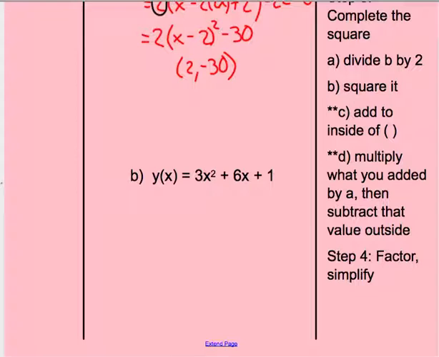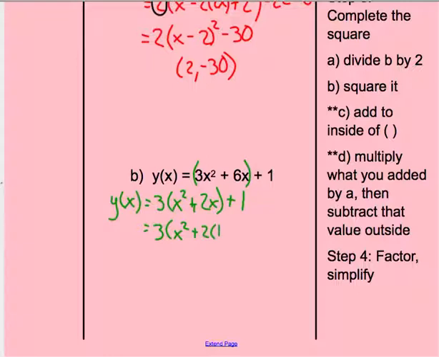All right, let's take a look at another example. Same thing, isolate those two terms with an x, and then factor out the lead coefficient just from your two x terms, not from your constant. Complete the square inside the parentheses, cut that b term in half, square it and add it inside.